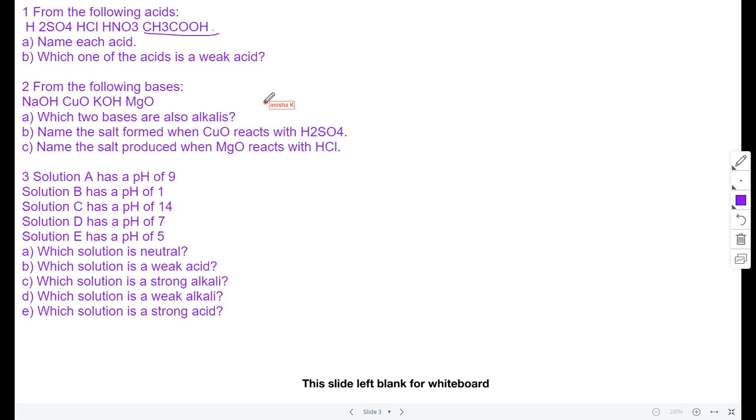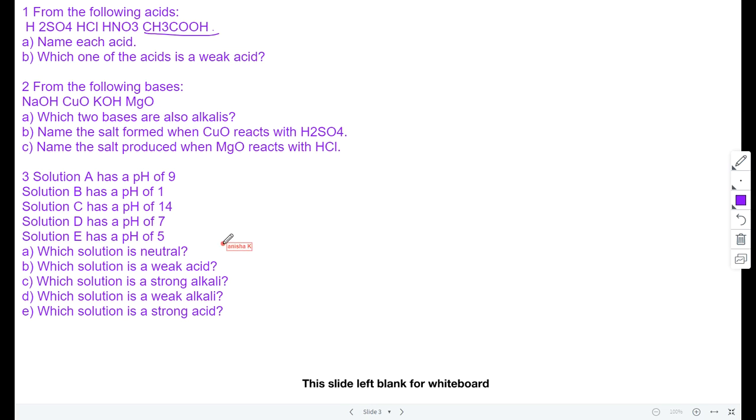NaOH and KOH are the two alkalis. Copper sulfate is made for 2B, and magnesium chloride is made for 2C. Very good.